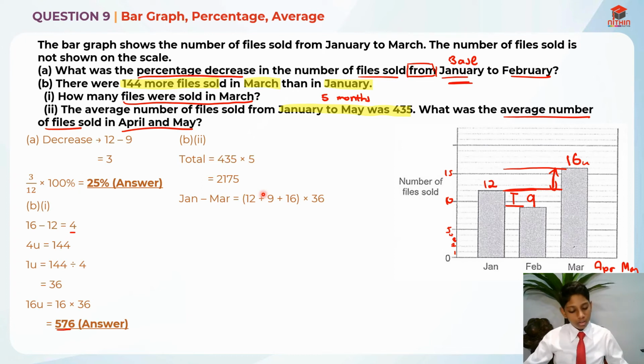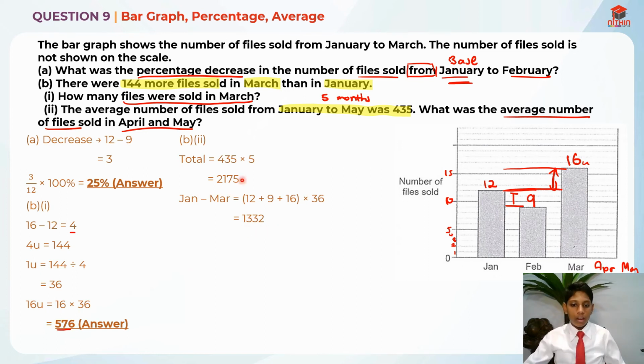Okay, so now to find the total from January to March, we take 12 units plus 9 units plus 16 units times the value of 1 unit, which is 36, which will give us the total value of 1332. So in order to find April and May, we just need to take 2175 minus 1332.